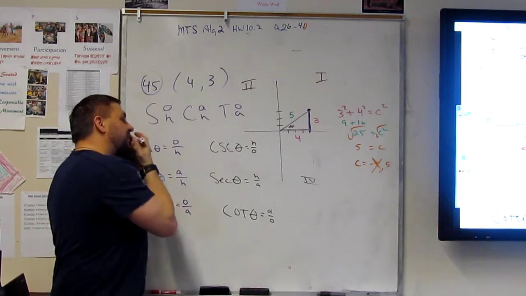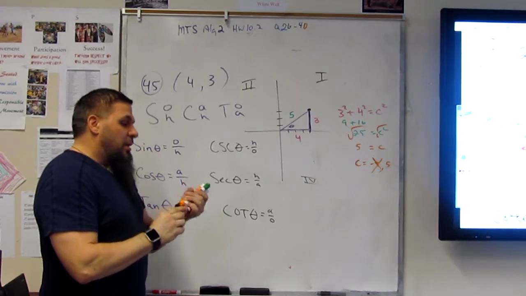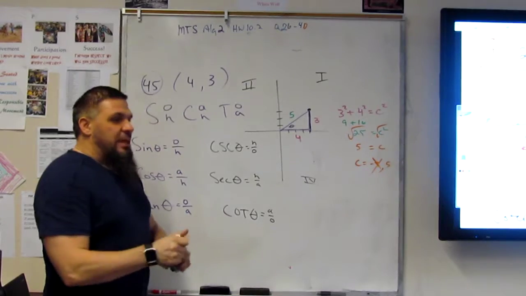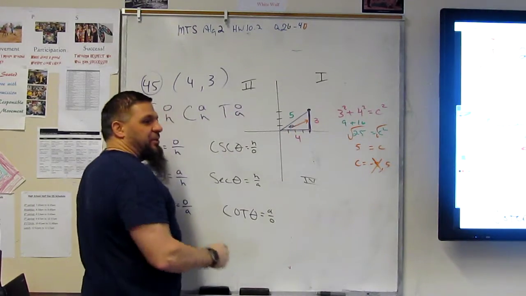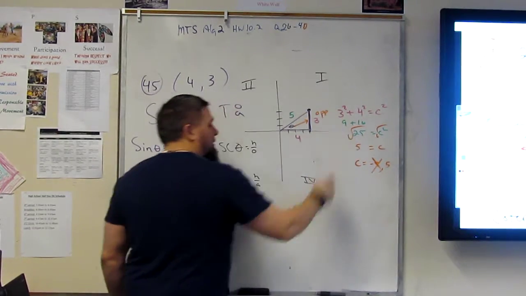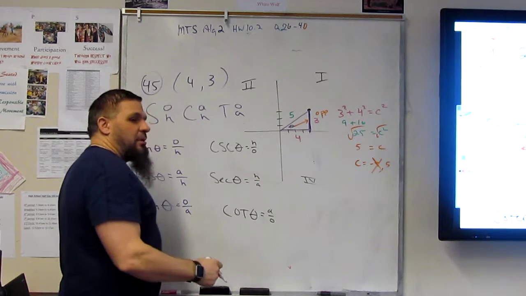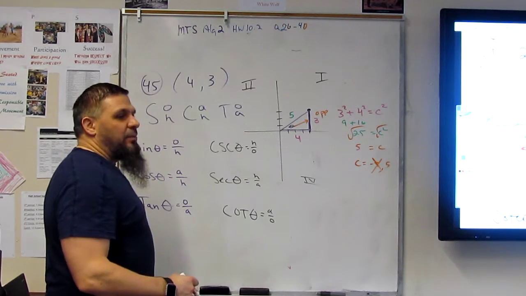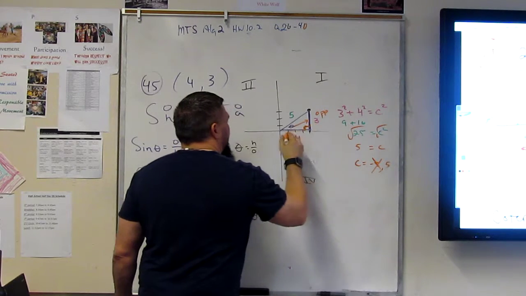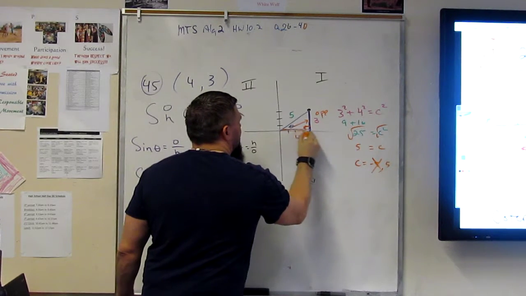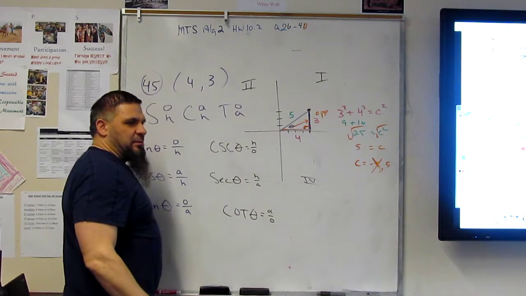Alright, so we have to know what's opposite, what's adjacent, all that stuff, right? So we're going to look at theta. Opposite of theta is 3. So that's my opposite. Now, what about what's adjacent? Remember, the adjacent is adjacent to both theta and the right angle.